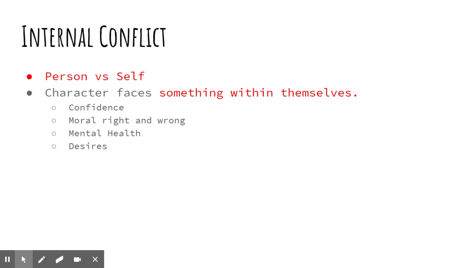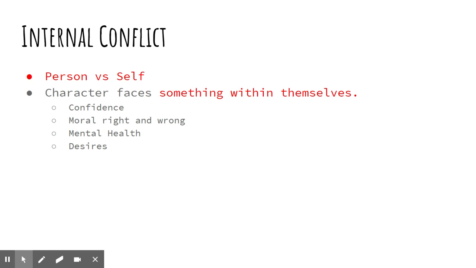Sometimes the character is trying to make a moral decision between right and wrong, or sometimes it's a mental health thing. So maybe the person is fighting with depression or anxiety, and they're having this internal conflict.